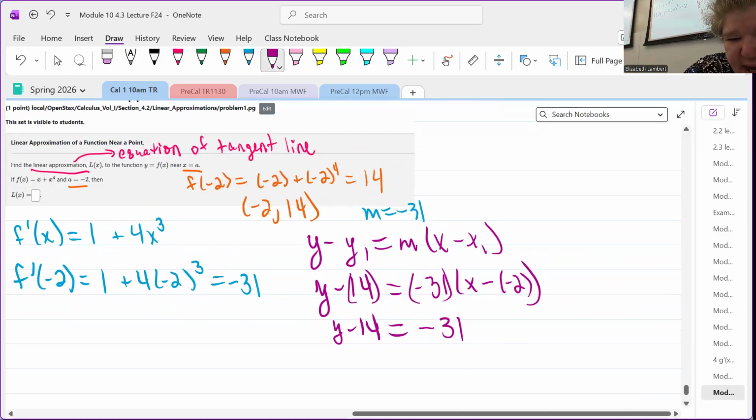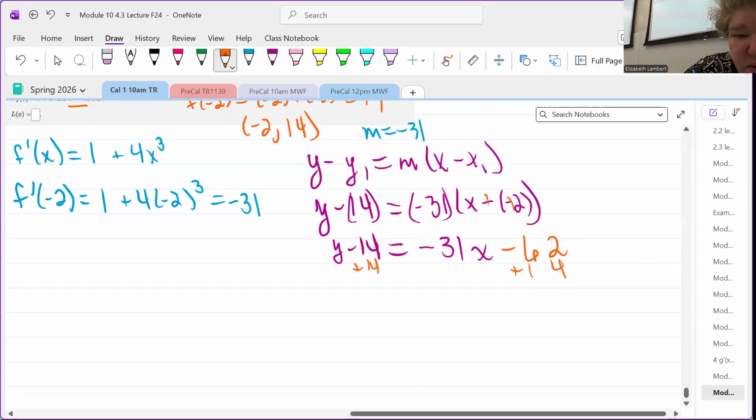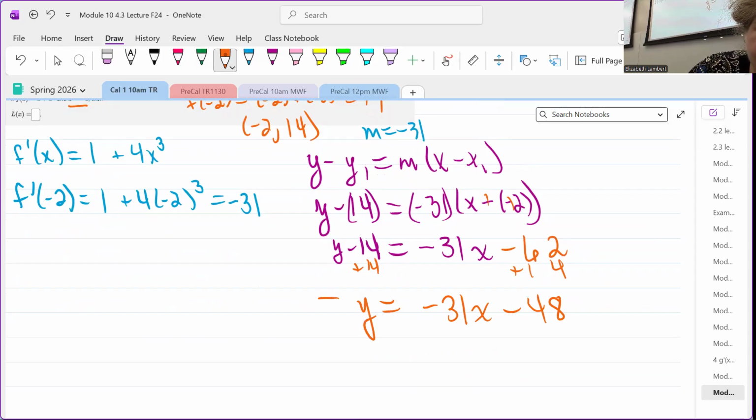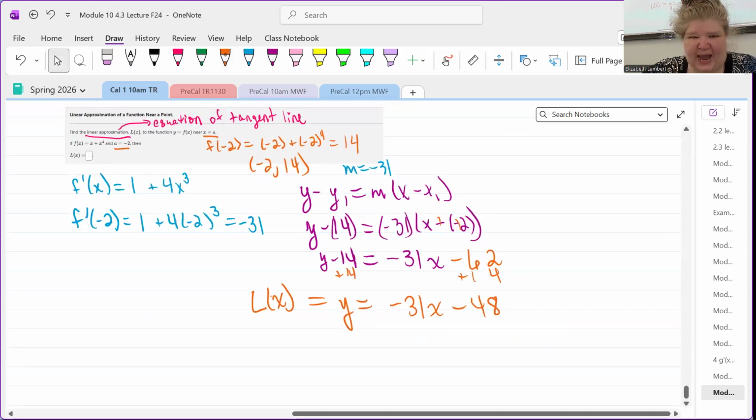So -31x, this will become plus 2, so that'll be -62, and then we'll add 14. So that is what they want for L of x. That's the linearization at x equals -2.